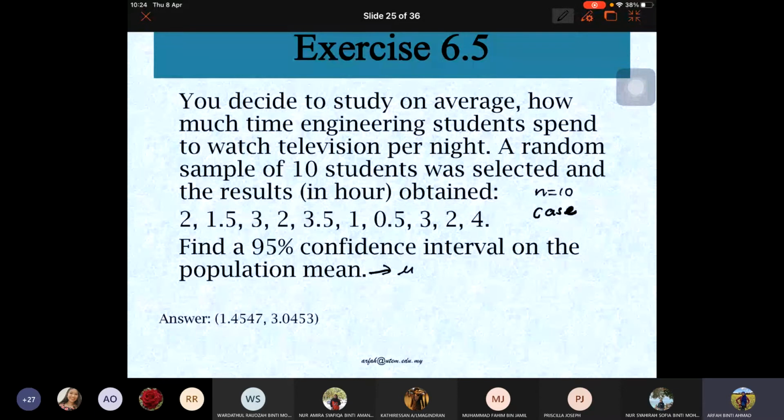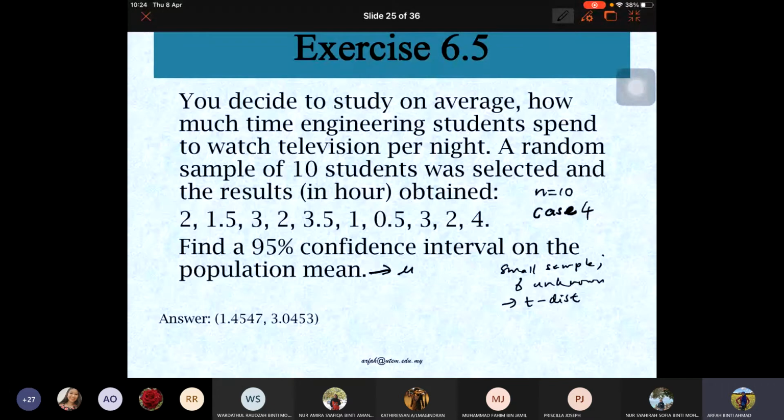Mira? 4. Yes, correct. Case 4, because it is a small sample and the question does not give sigma. Sigma is unknown, so you will make use of the T distribution.